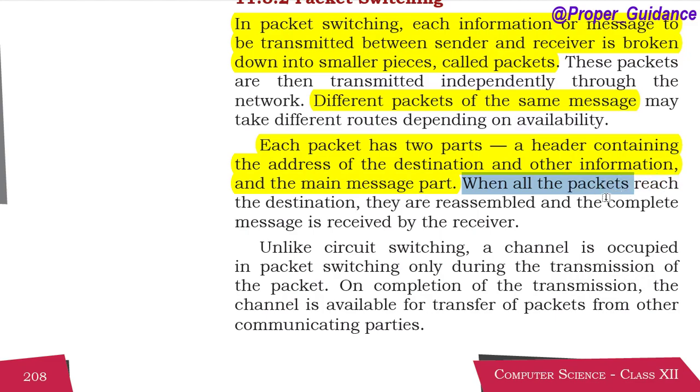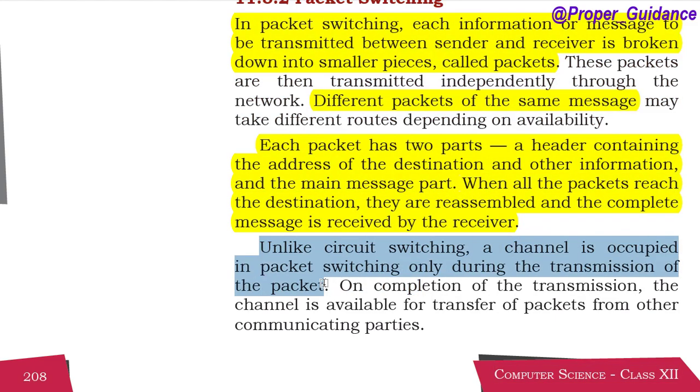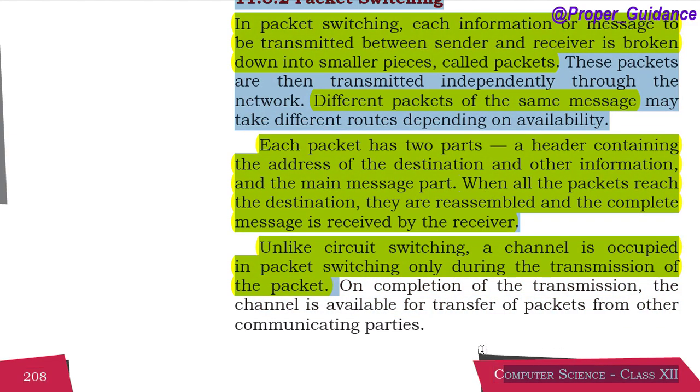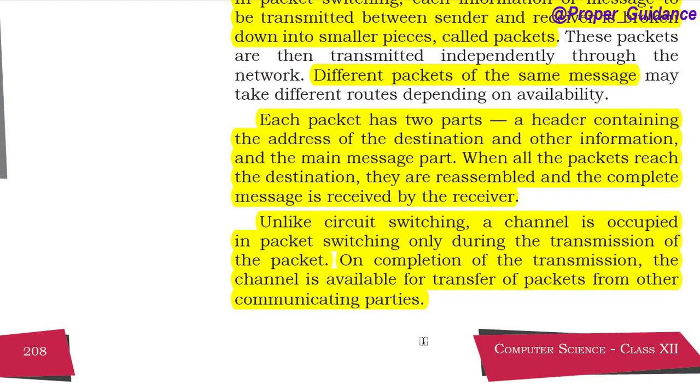When all the packets reach the destination, they are assembled and the complete message is received by the receiver. Unlike circuit switching, a channel is occupied in packet switching only during the transmission of the packet. On completion of the transmission, the channel is available for transfer of packets from other communicating parties.